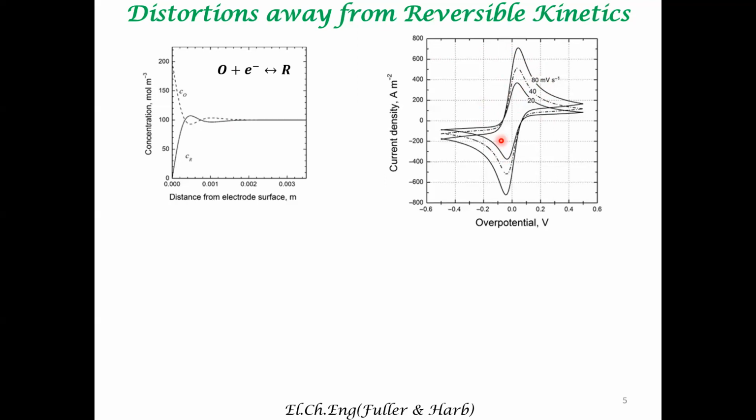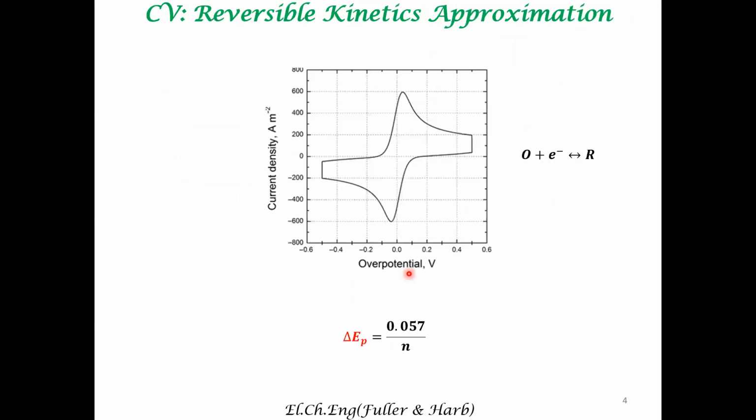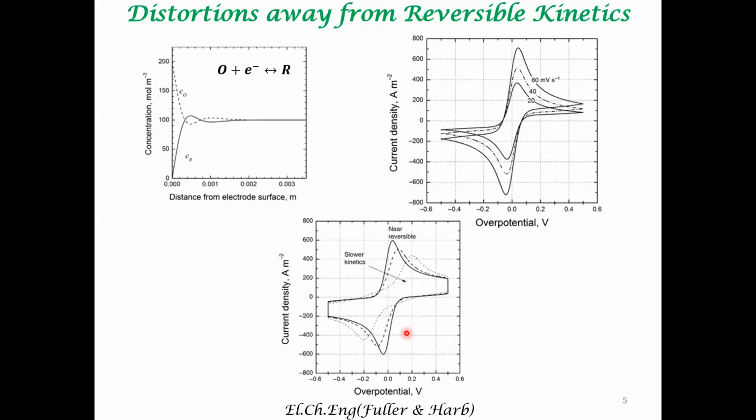But another general feature you should be able to know is that when you go from near reversible system to more and more irreversible system, what happens is that the difference in peak potentials moves away from this value. All right. So that is a measure of irreversibility. So as you go from near reversible system to more irreversible system, what do we mean by more irreversible system?